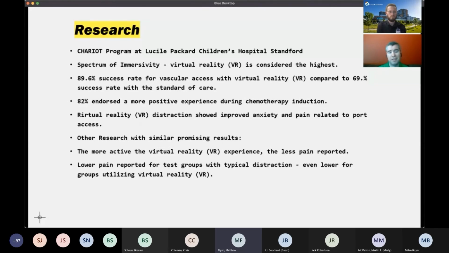And one of my favorite things is that functional MRIs have shown that there are large drops in pain-related brain activity when VR is utilized and less pain is reported, which goes to show that this is more than just not looking at it and not feeling it. There's actually a positive impact on how the brain is interpreting pain signals. And I think that's a very, very powerful thing to say that VR is able to do.